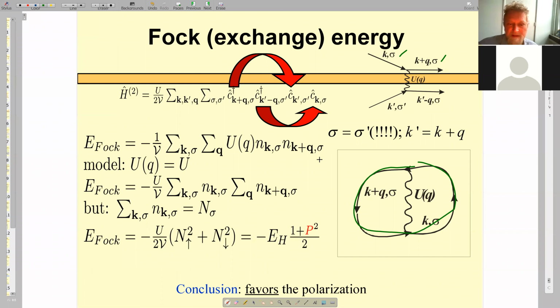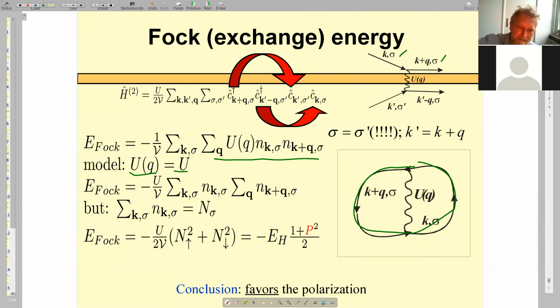So that's what we have. That's what we want to sum up. Very simplified assumption which we made, that potential doesn't depend on Q, just constant. With this, it can be seen as a sum of squares of the total number of particles for different spins.